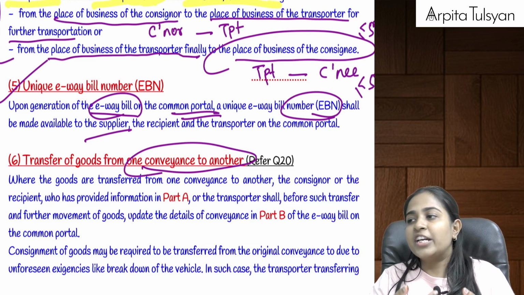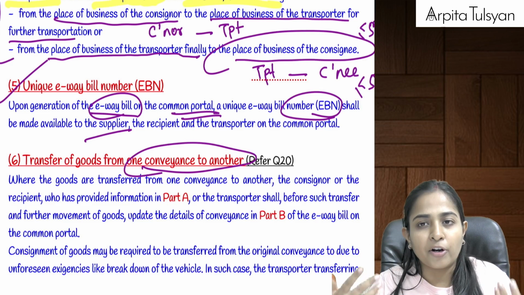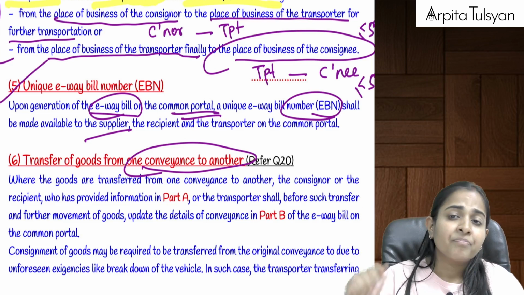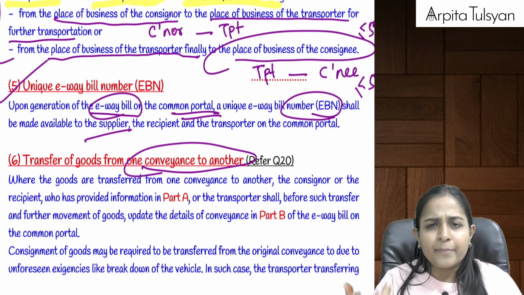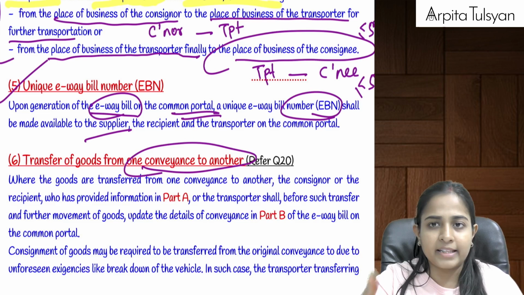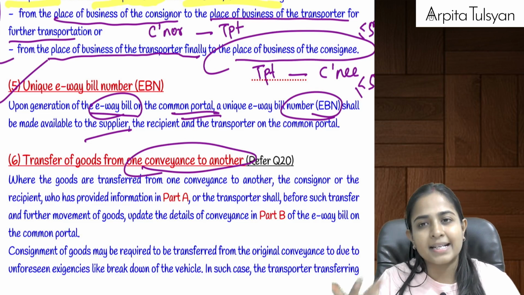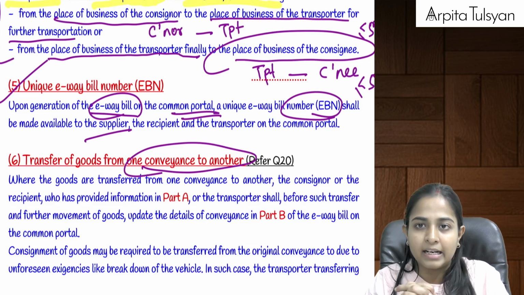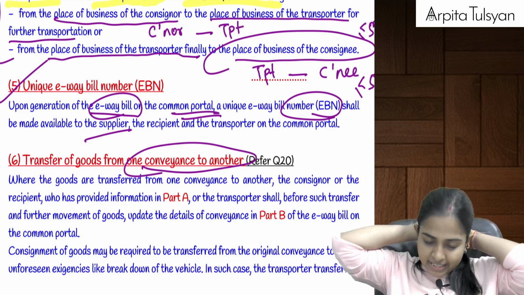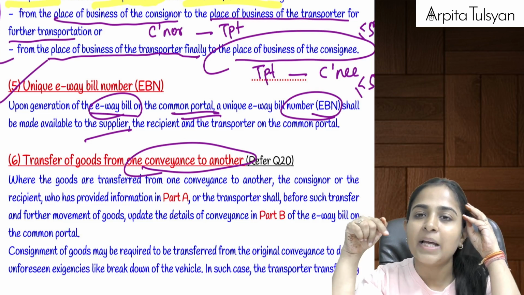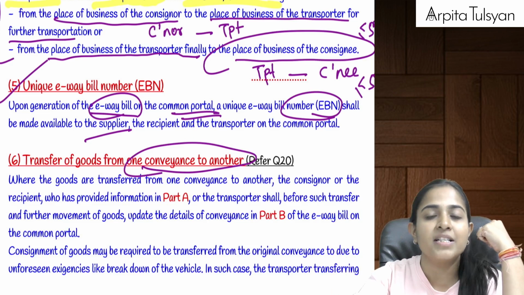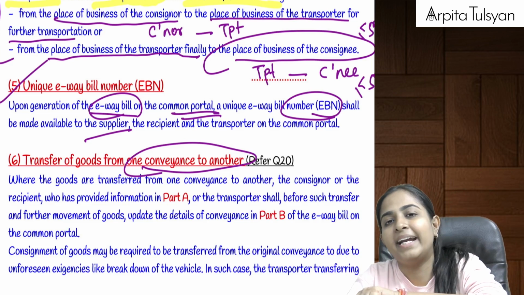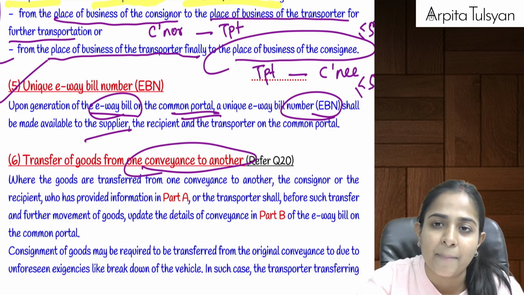There is a change in your vehicle number, your truck number, your airline, etc. Maybe there is a breakdown in the truck, or some accident happened, so now we have to change the vehicle. But the vehicle number was already put in part B by the transporter. Now if it is changing, are we supposed to make the changes in part B?